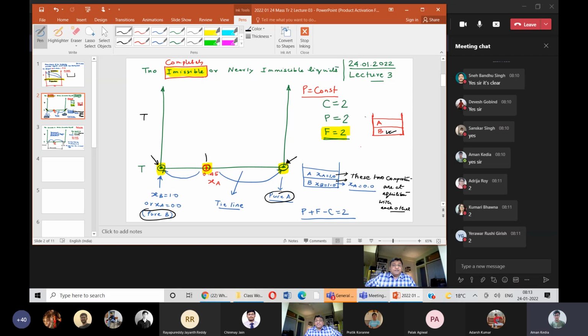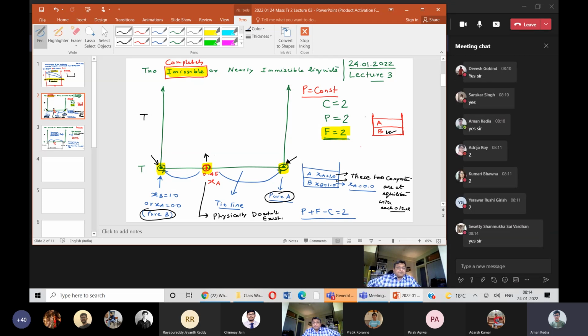So please note, this point does not exist physically. Is this clear to everyone? This point physically does not exist. And what you get is actually a system given by these 2 points, right?